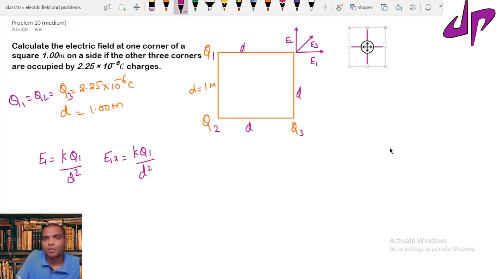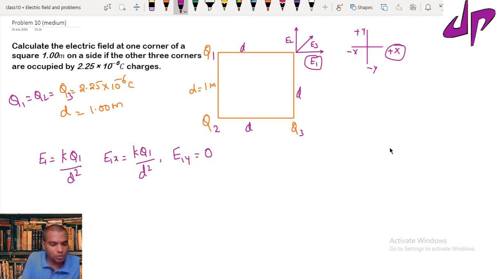So this is the positive x, this is the negative x, and the positive y and the negative y. So E1 is along the positive x-axis, but there is no component of E1 along the y-axis, so that component goes to 0. Why am I writing the components? You will understand, just wait a second.